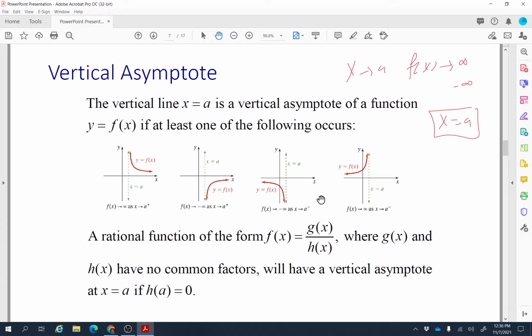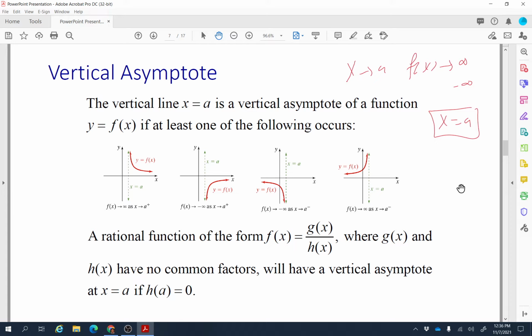But how do you find the vertical asymptote? To find the vertical asymptote of a rational function, first find the factors on the top, find the factors on the bottom, cancel the common factor, and then whatever is left on the denominator, equate with 0 and solve for x. That will give you the vertical asymptote.